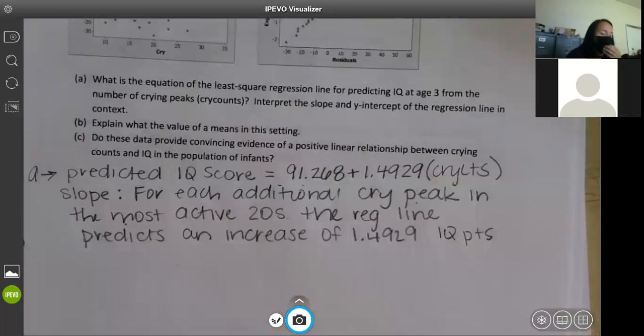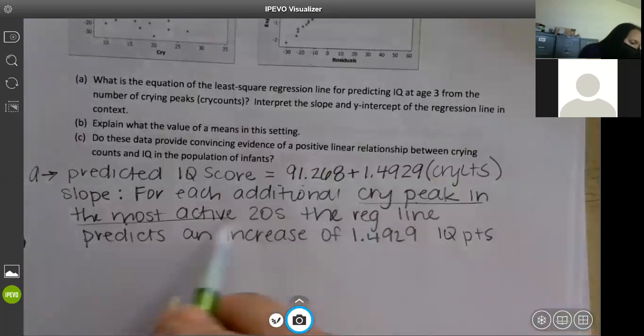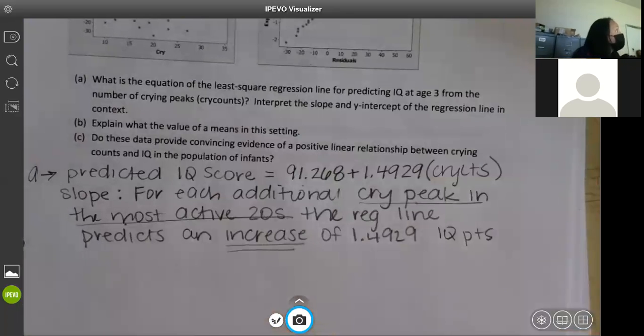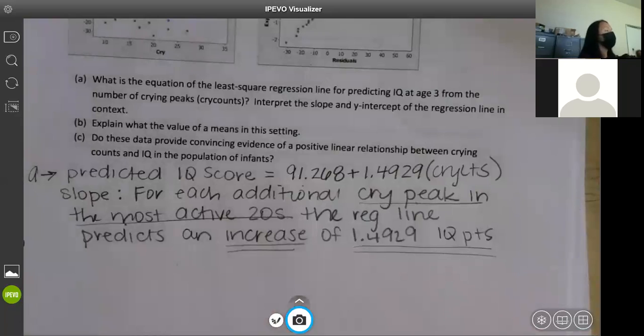The only thing that may change is the context of the problem. It could be a decrease. So if you got a negative slope, it's going to be a decrease, and then whatever the number is and by how much, in context of the problem. Okay.